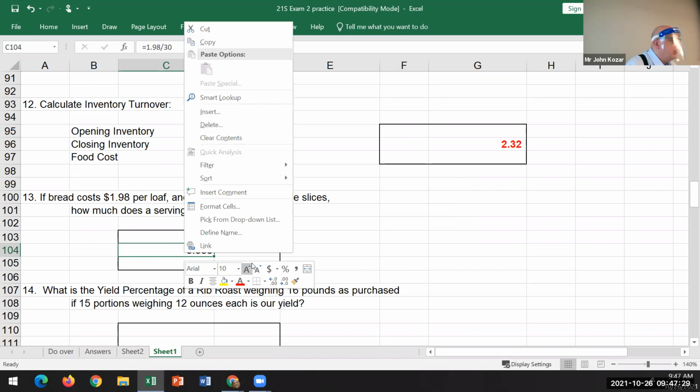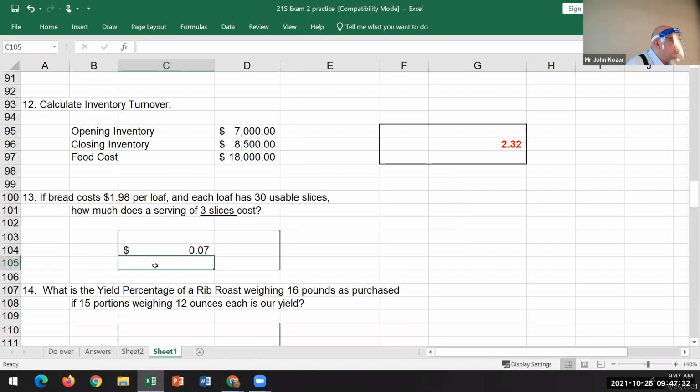So your rounding may be a little bit different than what it shows up. It shows 7 cents per slice. And if you multiply it by 3, you'll get 20 or 21 cents. Yes.